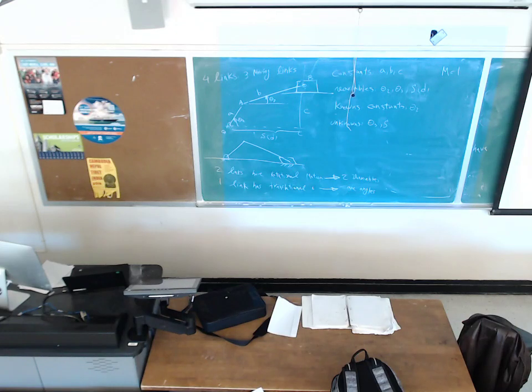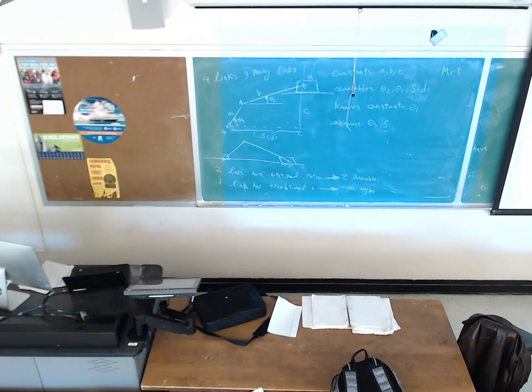Suppose theta 2 is this angle, so I can draw this line in the direction of theta 2 by the length of A. You end up at point A. Now, if I find the location of the slider, I'm done.